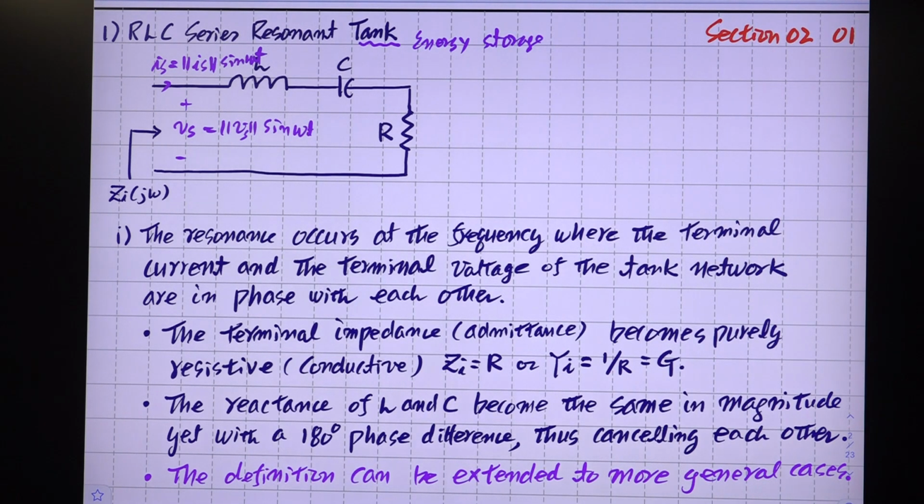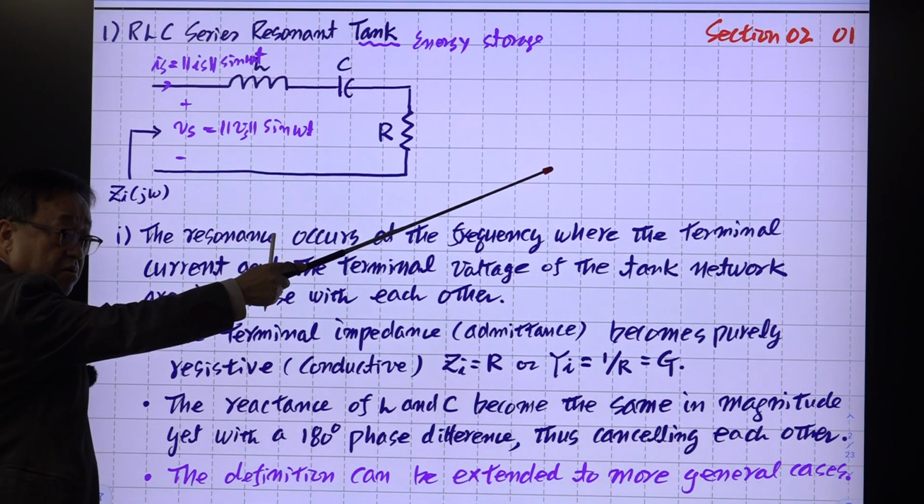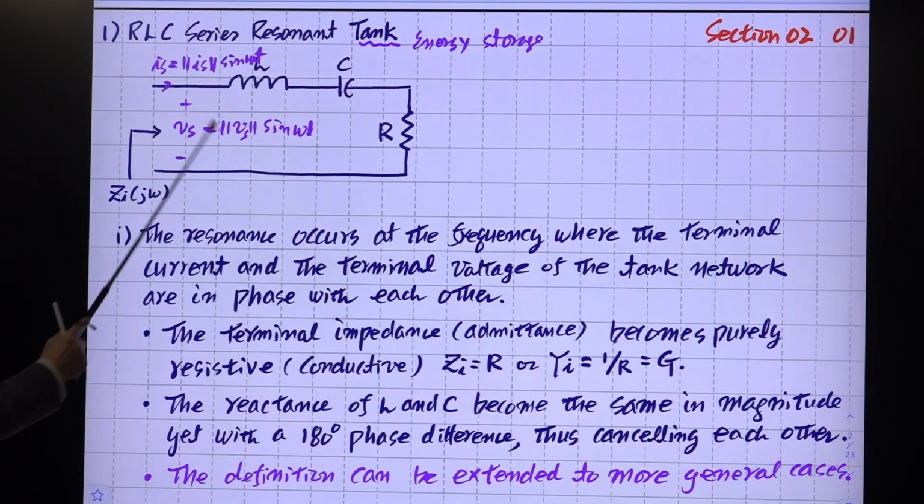In this simple structure, we only have one L and one C in series, but it doesn't matter. You may have many things here, but at resonance the voltage and current are in phase, purely sinusoidal at the same frequency. That is the definition of resonance adopted in that book. I was using different definitions in the past, but I like this one better.